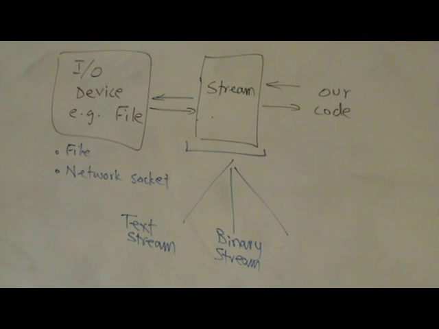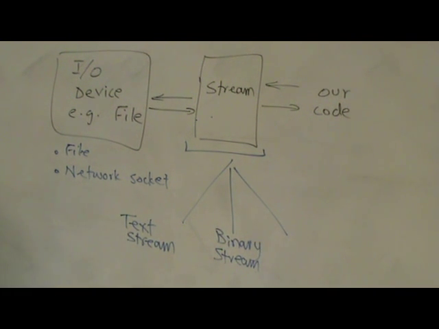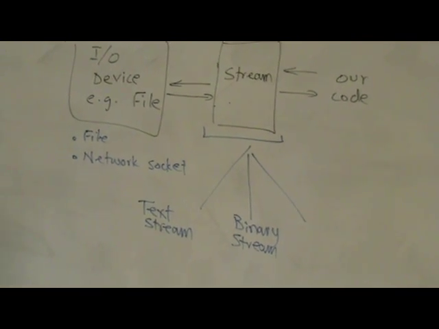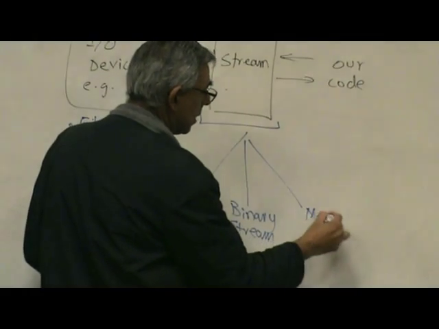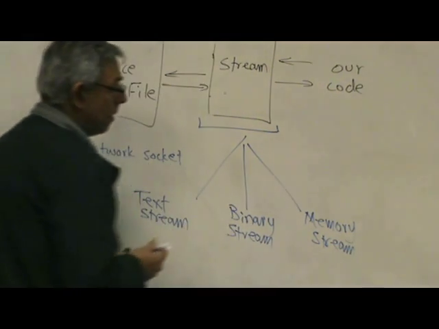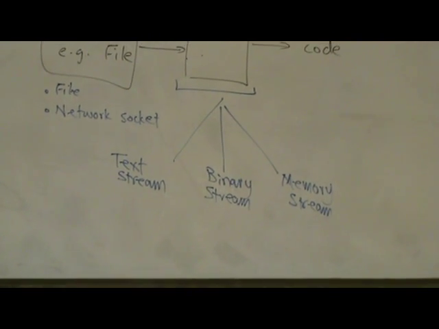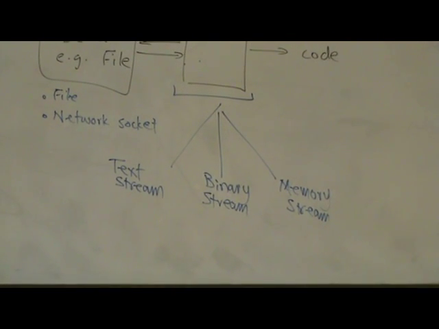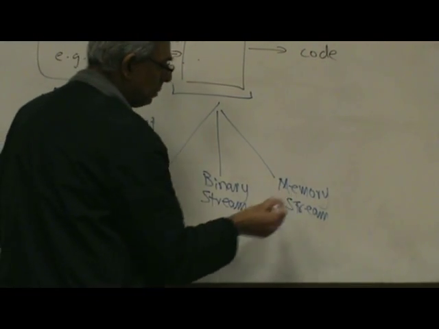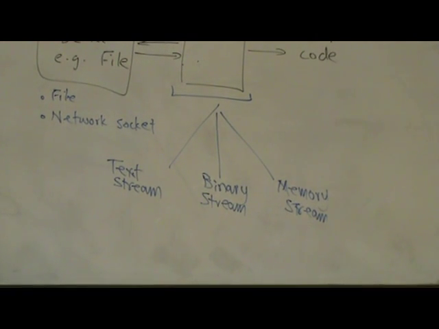If it is a comma delimited, tab delimited, or regular text file, then obviously a text stream needs to be associated with it. There's another kind called a memory stream, where we use the file content and dump it into memory before further processing. A little bit later I'll show you the memory stream. Anyway, these two are very popular, so today let me at least cover these two.